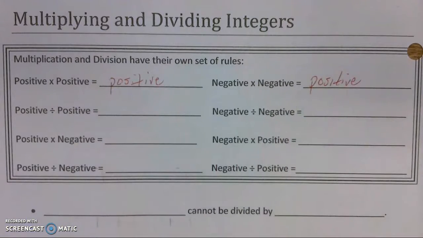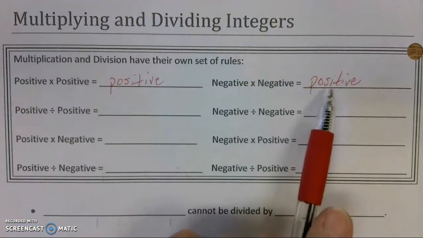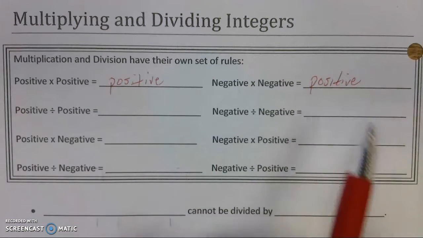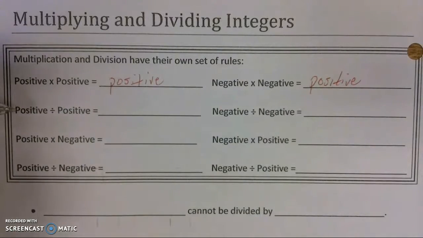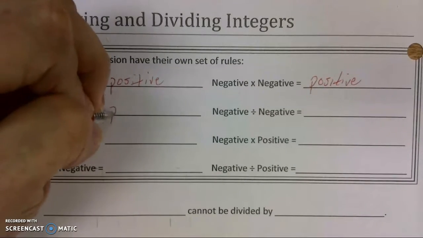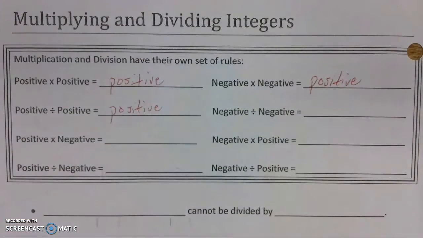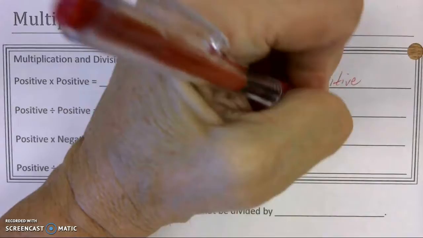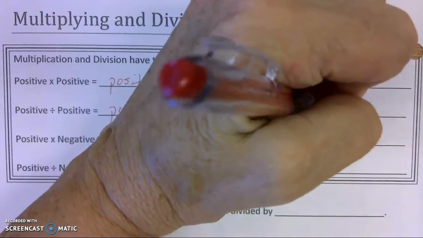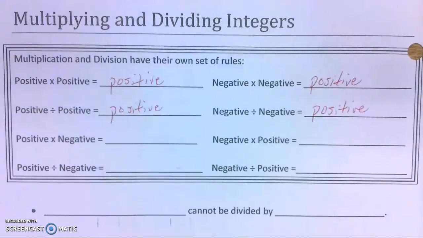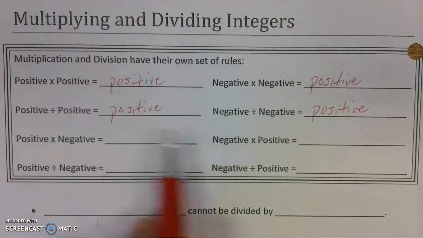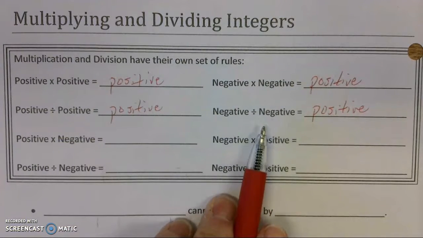I'm going to multiply like I always do, but this time my answer is going to be positive. A positive divided by a positive is also positive. A negative divided by a negative is positive. So when my signs are the same, when I'm multiplying and dividing, my answer is positive.